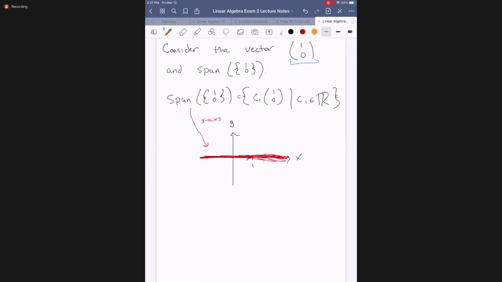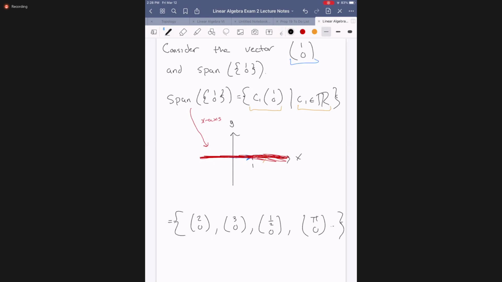I called this the set of all vectors (1, 0) times C1, where I take C1 to be every real number, not just one. I take all of them and multiply, so the set can consist of (2, 0), (3, 0), (1/2, 0), (pi, 0). It's all the real numbers, right?